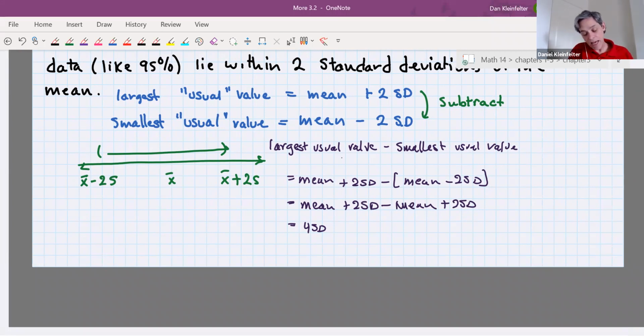Considering that captures 95% of the data, we would only expect a little bit more to be beyond 2 standard deviations above or below the mean.